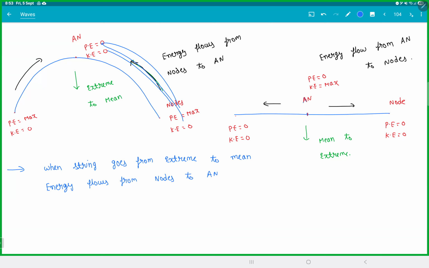It will never cross the antinode. Did you observe? It will never go to the other side of the antinode. That means the energy is actually redistributing only within half of the loop. The energy does not cross the antinode because energy is coming from both the sides, symmetry, right? So energy stops at the antinode and again goes back from there.